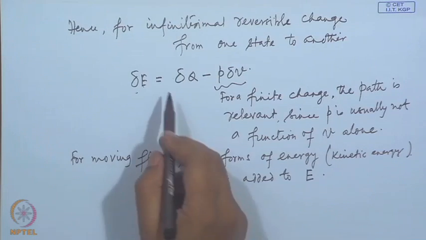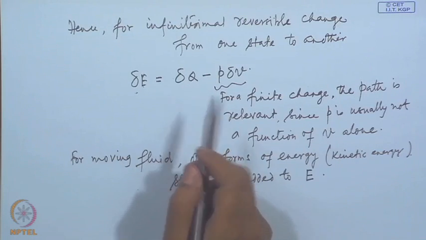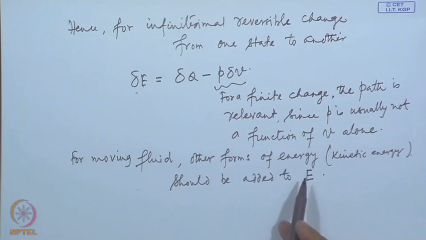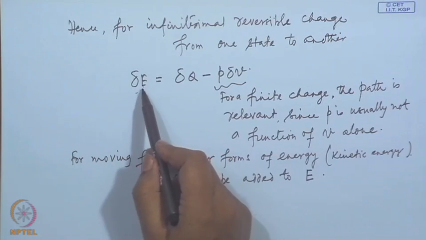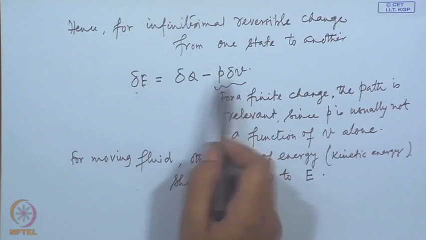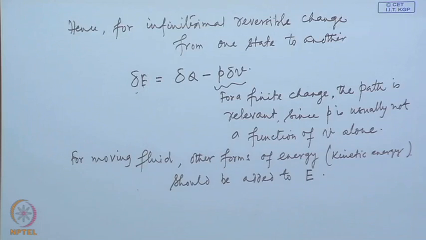So, the basic form of the energy equation for a moving fluid is the same, where E is now represented as the internal energy plus kinetic energy.